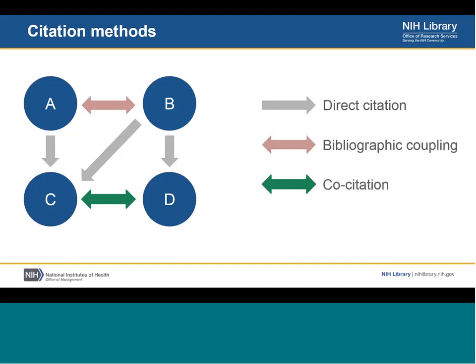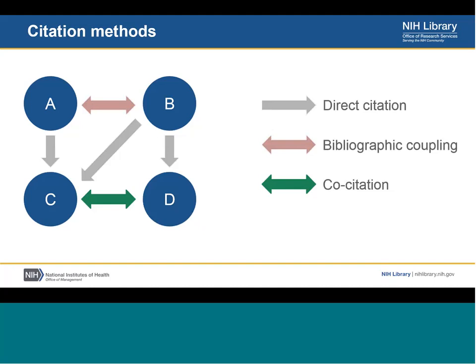Whereas with co-citation, the links are actually dynamic. They actually change over time. So C and D may be linked at one point, but then if we look 10 years in the future, maybe we see a new link between C and something else. So links can be added to C and D, whereas with bibliographic coupling, those links can't necessarily be added.